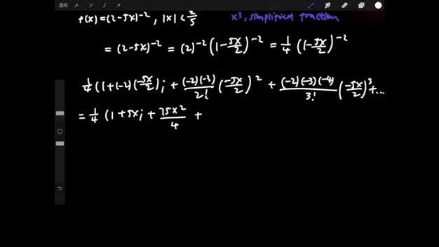So it simplifies to 1 plus 5x, 75x squared over 4 plus 125x cubed over 2, and then so on and so forth, because we're only required to give it to x cubed.